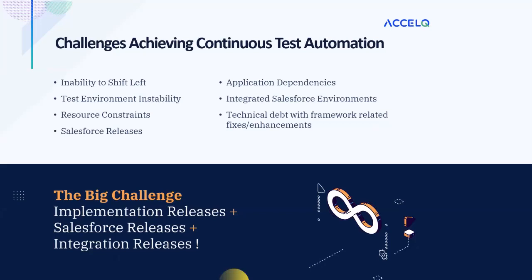Lastly, there are multiple Salesforce releases a year, right? There are 3 releases: spring, summer, and winter. And the constant upgrades create technical debt, causing organizations to spend more time fixing the existing framework or the scripts instead of actually working on the new ones.